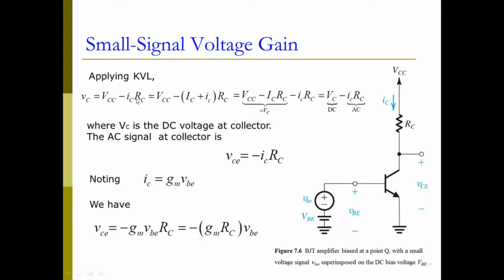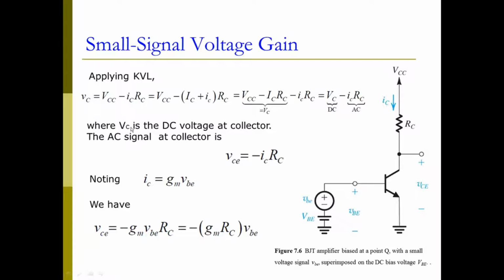The voltage drop across RC equals iC times RC, and we plug in iC by its both DC and AC components, and then we get a DC voltage, in addition to an AC voltage. So this is the DC voltage and this is the AC voltage we get.